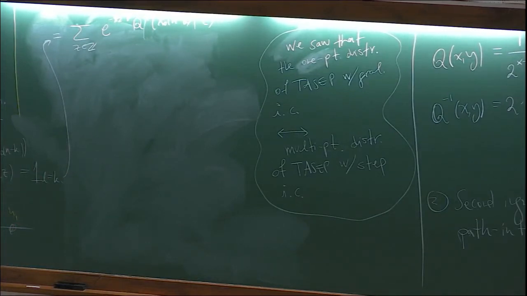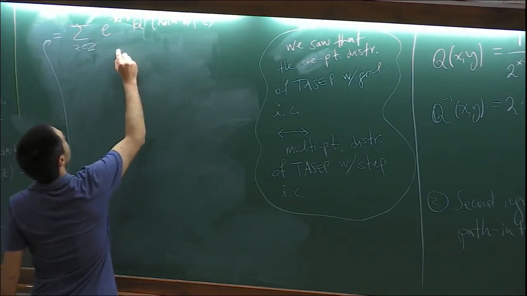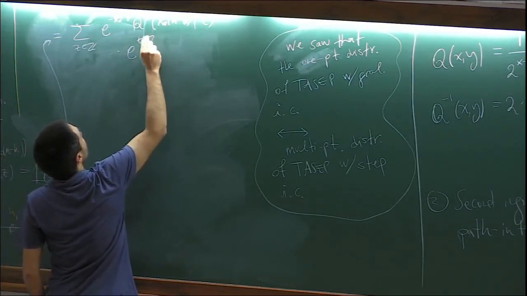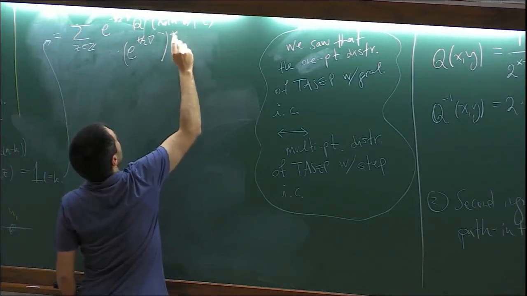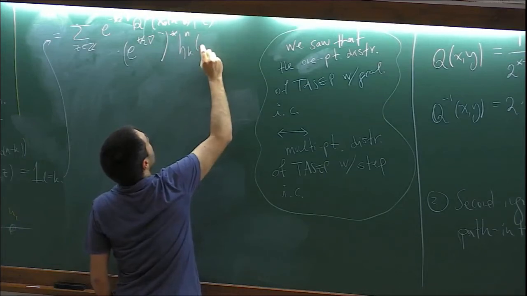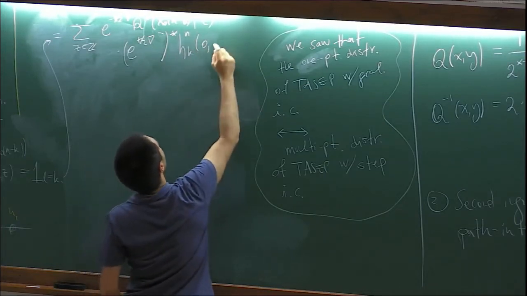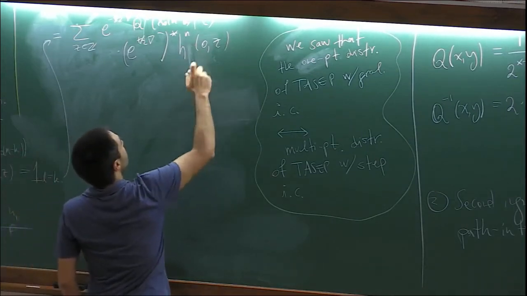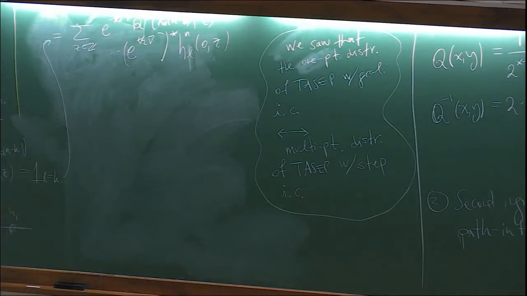So that's no mystery there. And then this should be multiplied by e to the t over 2 grad minus star h k n 0 z. That's what I'm postulating. This thing should be 1 if and only if, and of course this k here is an L, 1 if and only if k equals L. That's what I have to show.